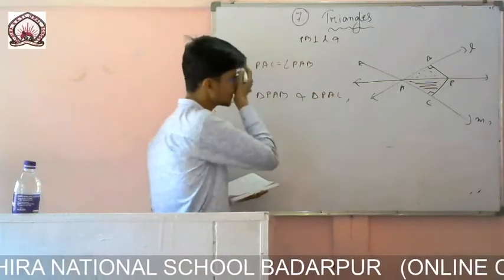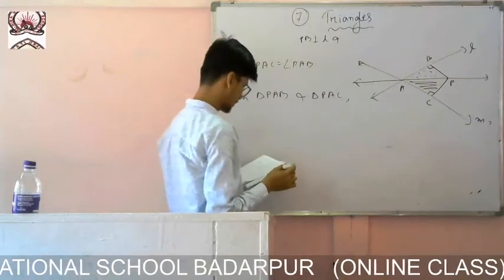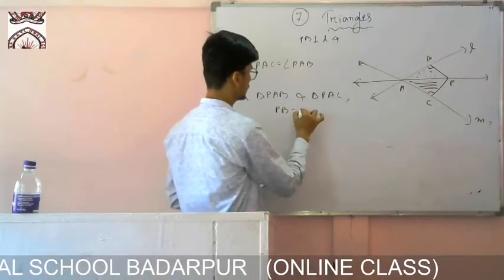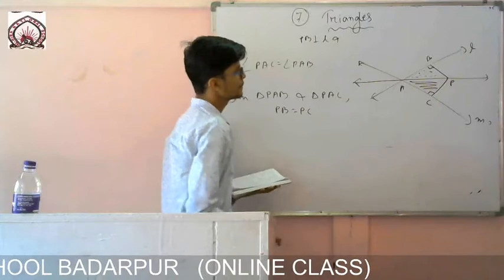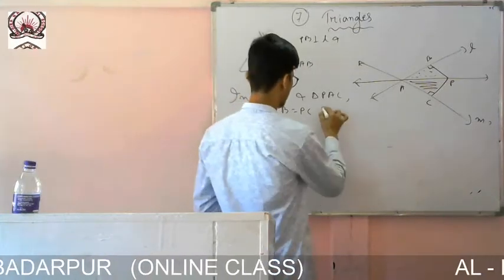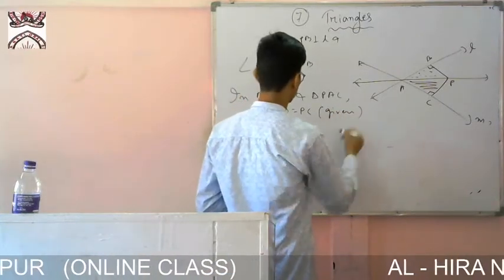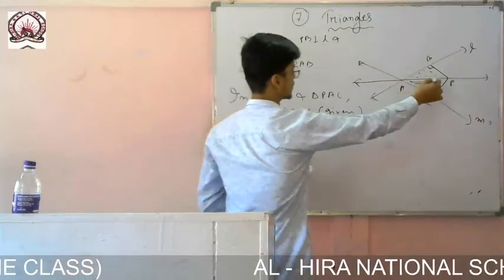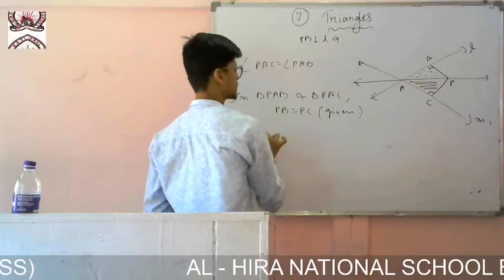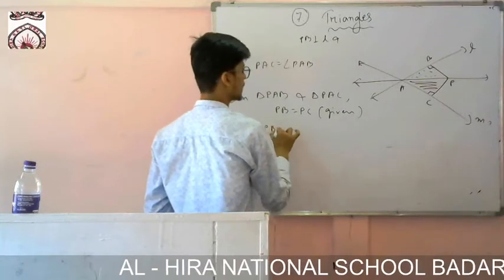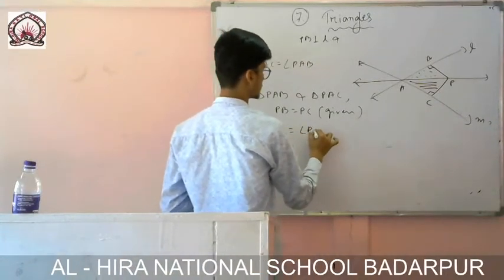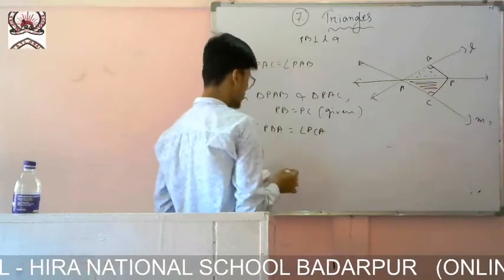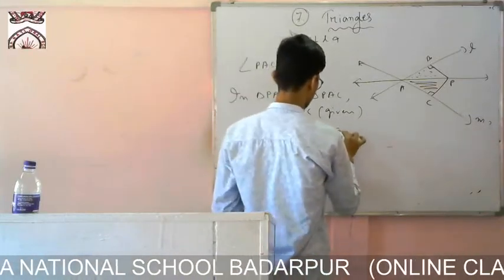In triangle PAB and PAC, first of all PB equals PC, because it is given that these two are equal. And these are perpendicular, so I can write angle PBA equals angle PCA equals 90 degrees.